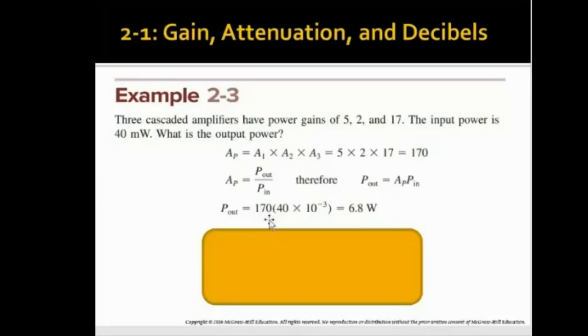So 170 gain times input power of 40 milliwatt. The milliwatt we multiply by 10 to the power of minus 3. So then we have 6.8 watt.